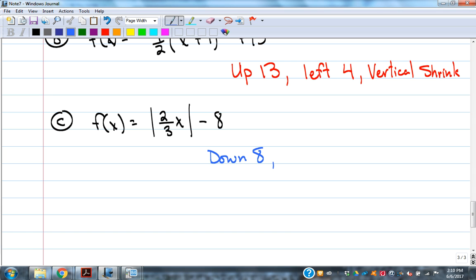Okay. All right. Now the 2/3 on the inside. It's on the inside. So anything on the inside of the parentheses or grouping symbols is going to tell us it's horizontal. And it's multiplying, so we know it's a stretch or a shrink. So that number is a small one on the inside. So a small one on the inside means a horizontal what?